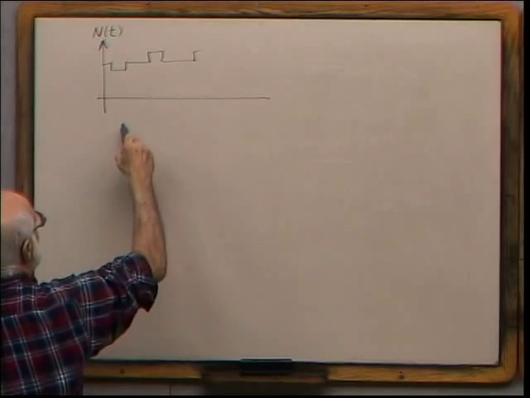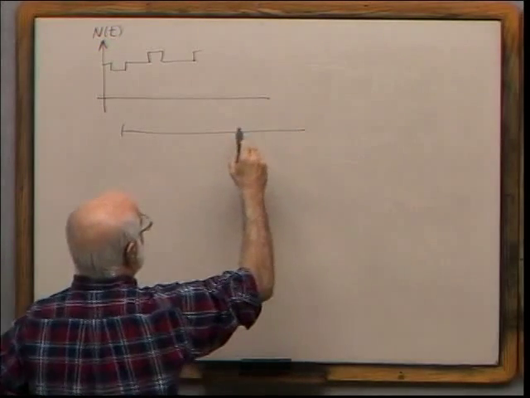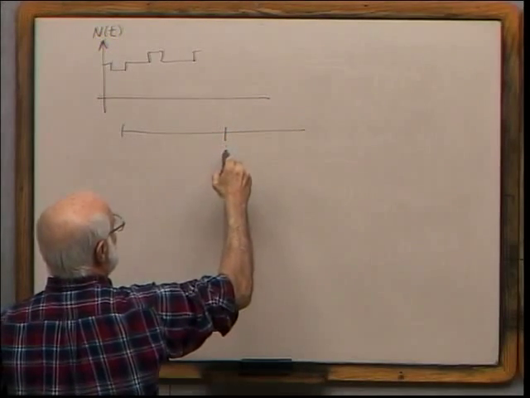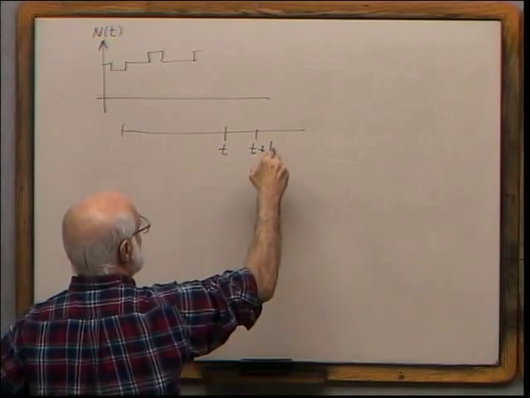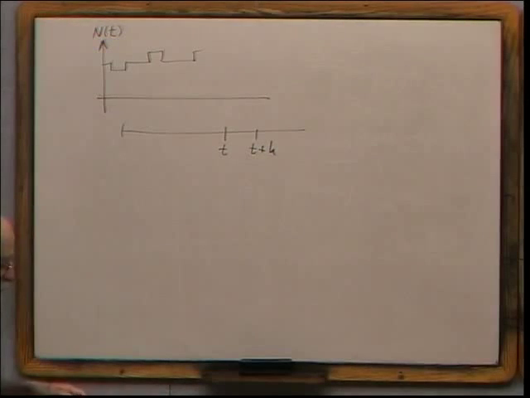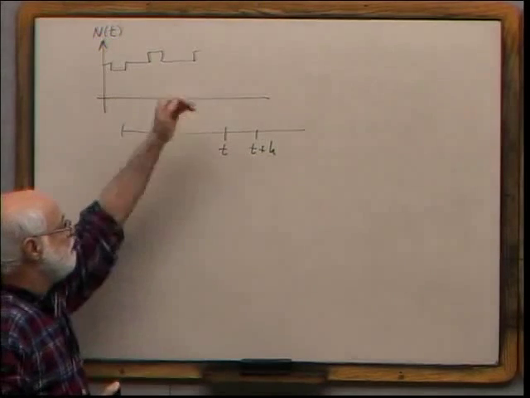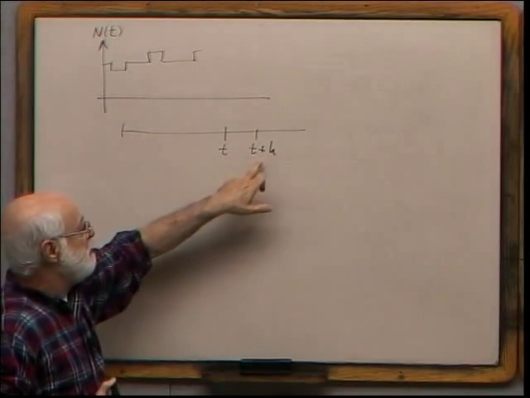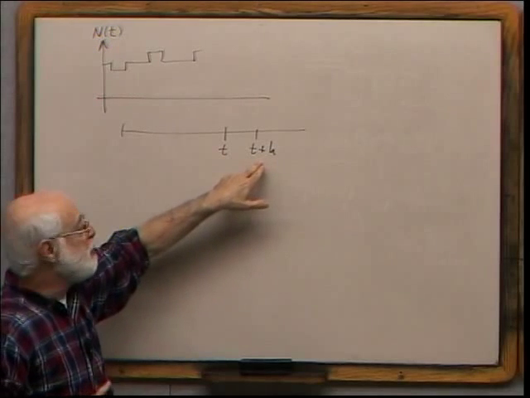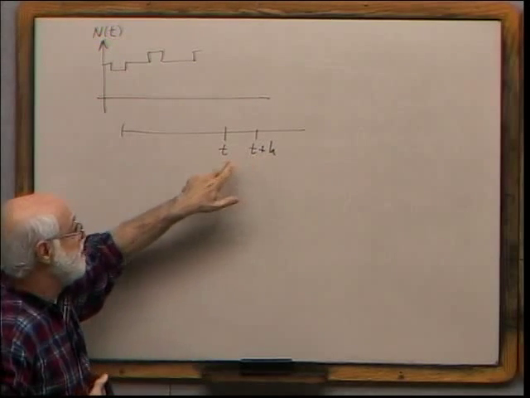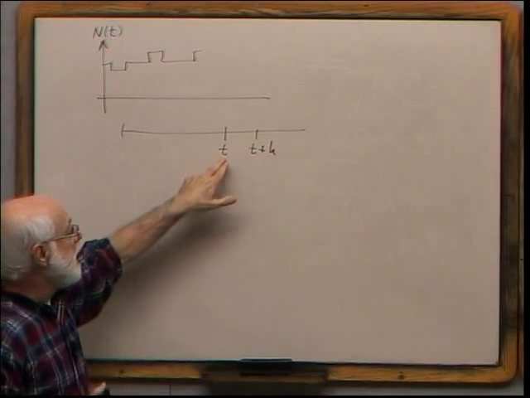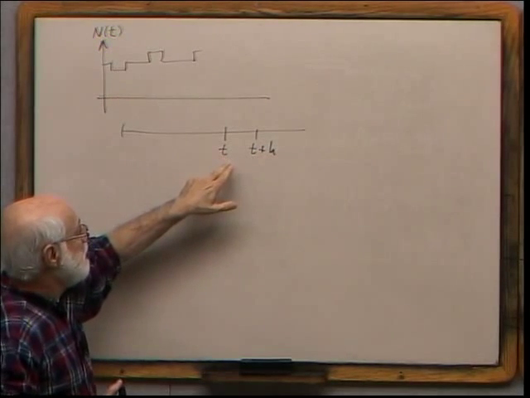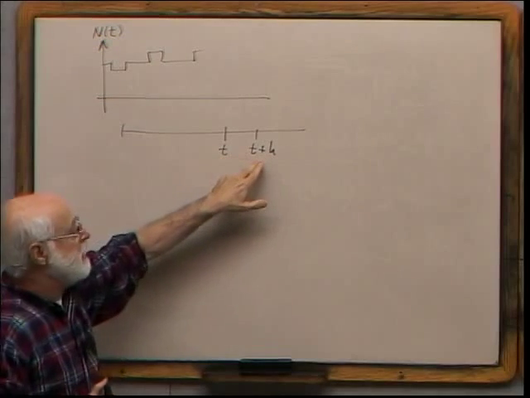So we start off with this idea that we're going to look at this system at time t and time t plus h, and write the probability of being in any state at time t plus h in terms of the probability of being in neighboring states at time t, and then having whatever transition is required to drive the system from this state to that state.